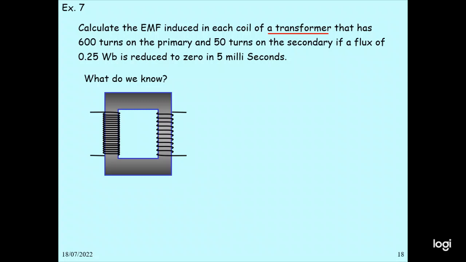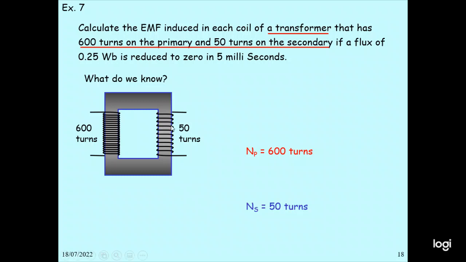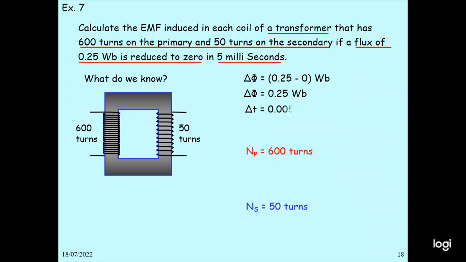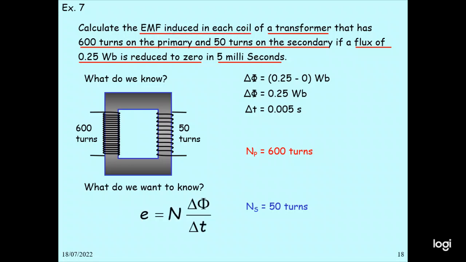The flux change ΔΦ equals 0.25 minus 0, so 0.25 weber, in 5 milliseconds, 0.005 second. What we want to know is E equals N ΔΦ/dt. So you get ΔΦ/dt as 50 webers a second. So for NP, 600 multiplied by 50, you get 30 kilovolts. When NS is 50 turns, 50 multiplied by 50, you get 2.5 kilovolts.